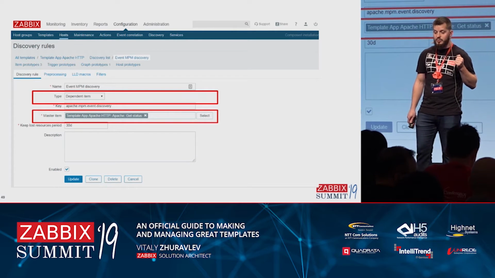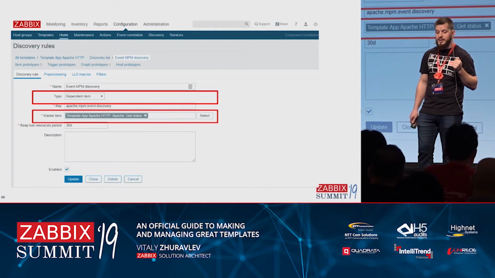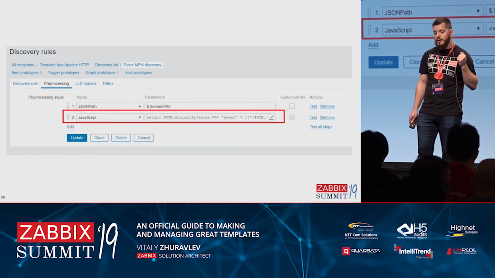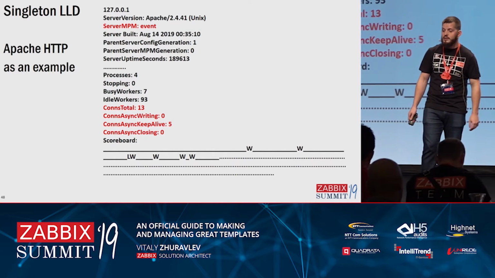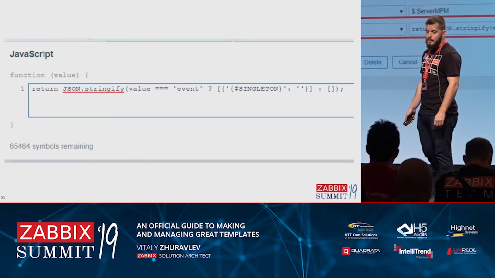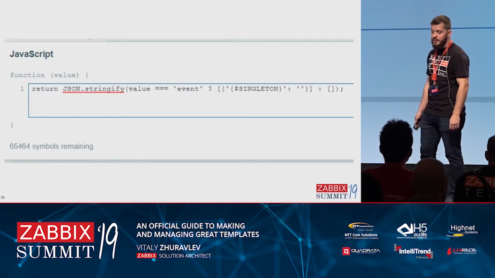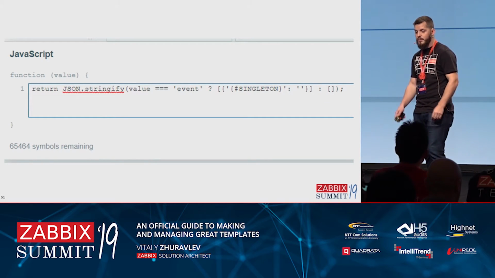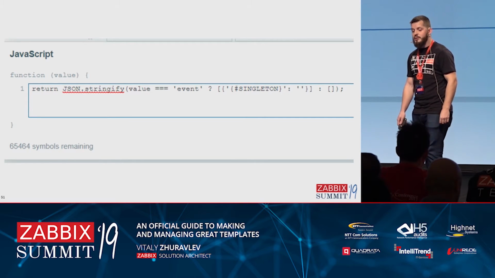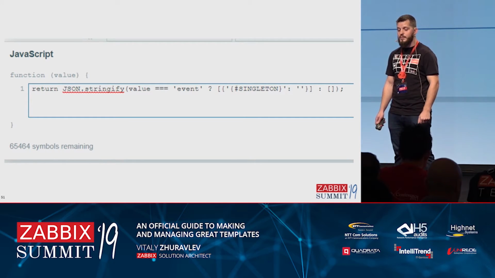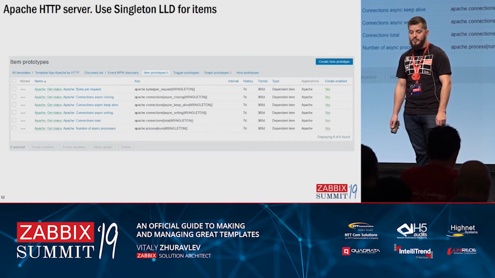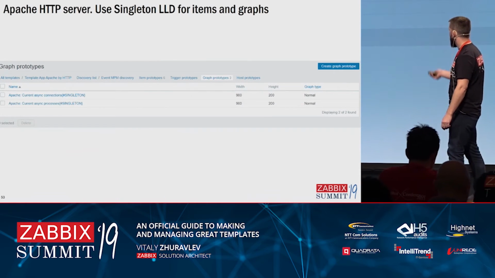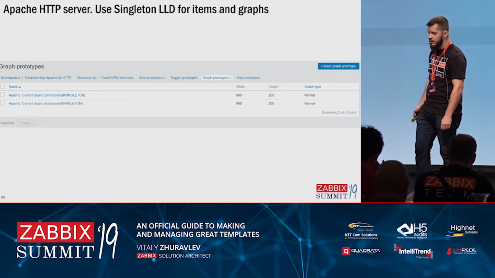We can create a new low-level discovery, and in JavaScript we can check if that string over there is available or not, because if it is, we can then proceed by creating a specific JSON with LLD, with empty LLD inside, and then just append it to all item prototypes or graph prototypes at the end.